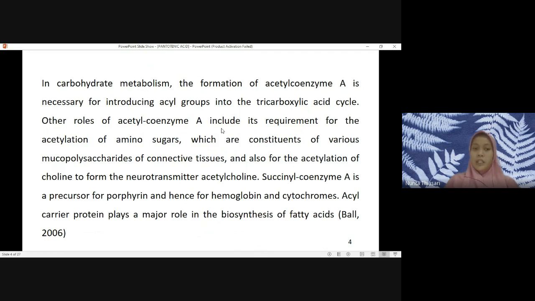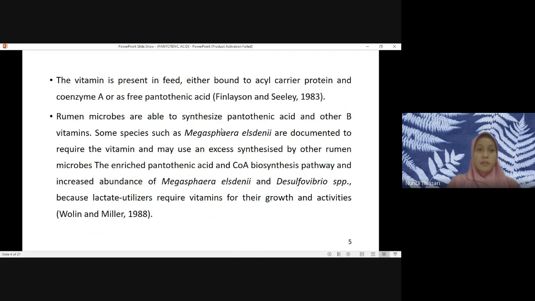Succinyl coenzyme A is a precursor for porphyrin and hence for hemoglobin and cytochromes. Acyl carrier protein plays a major role in the biosynthesis of fatty acid.